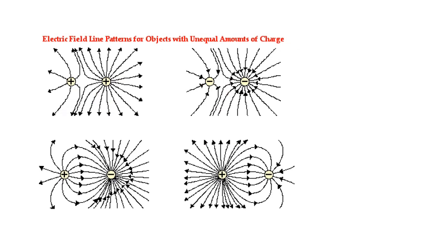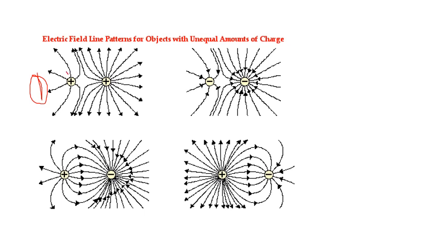Now some examples are given for objects with unequal amounts of charge. See here in the first, the amount of charge is not the same.